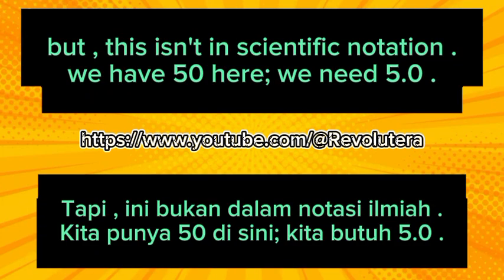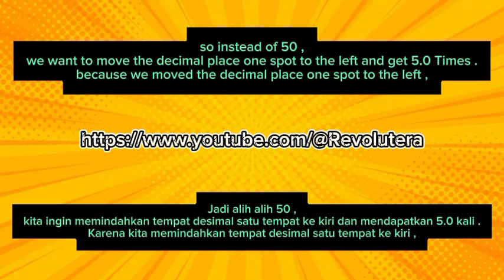But this isn't in scientific notation. We have 50 here. We need 5.0. So instead of 50, we want to move the decimal place 1 spot to the left and get 5.0 times 10 to the first power, because we moved the decimal place 1 spot to the left.